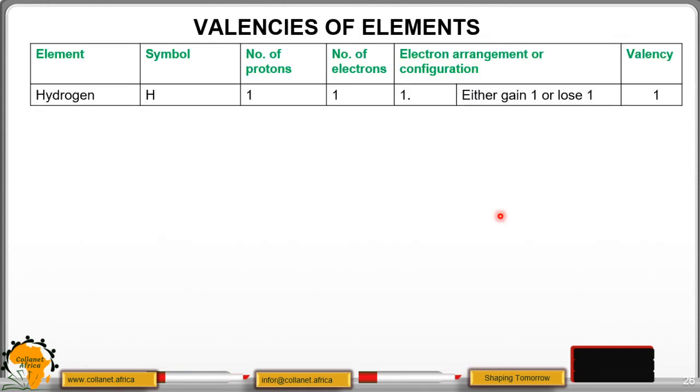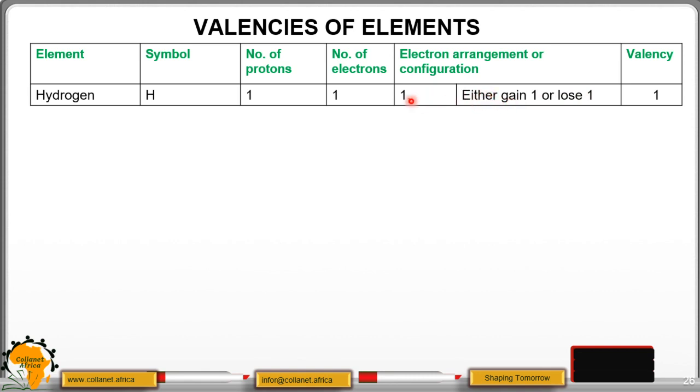Valences of elements. So element, we have hydrogen, we have number of protons, then we have number of electrons. Electronic configuration is 1. It can either gain or lose an electron. So when it gains, it behaves like a non-metal, and when it loses 1, it behaves like a metal.